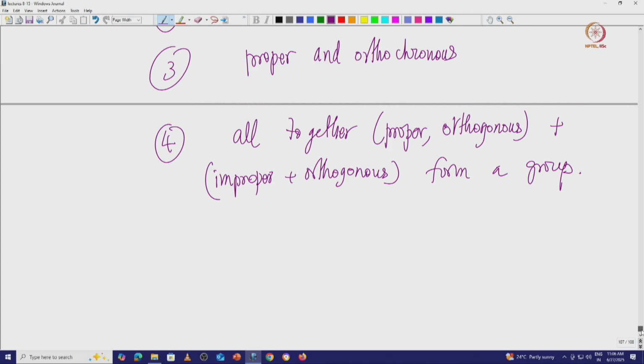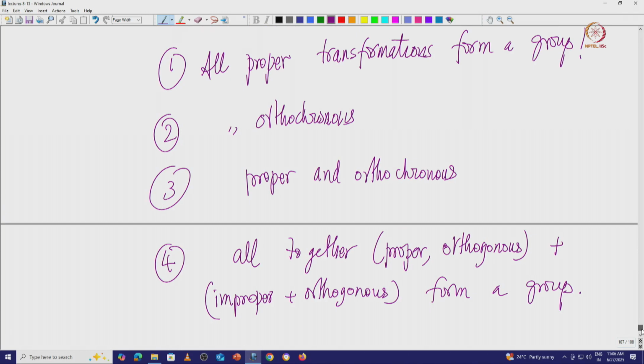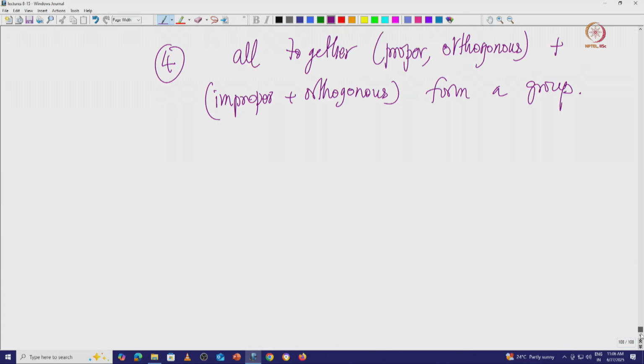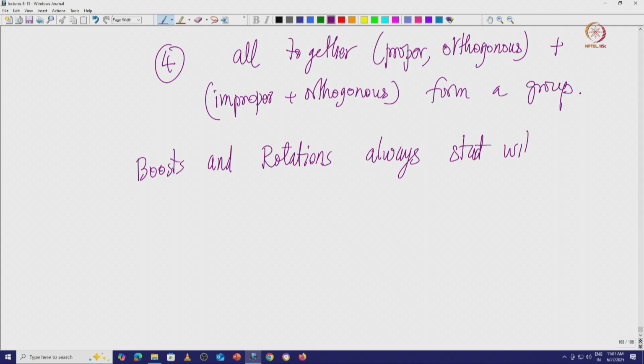What about boosts and rotations? Do they form a group of their own? The reason we are worried about boosts and rotations is that they always start with unity.